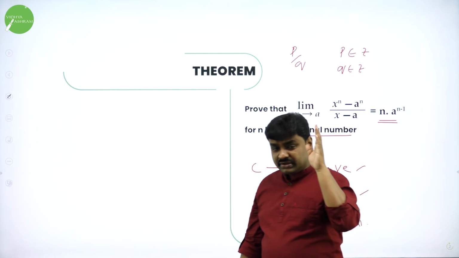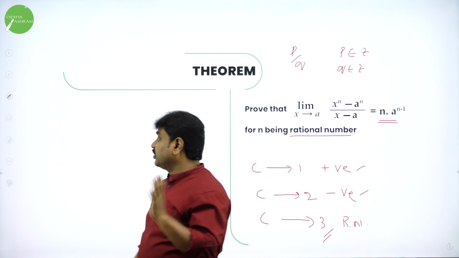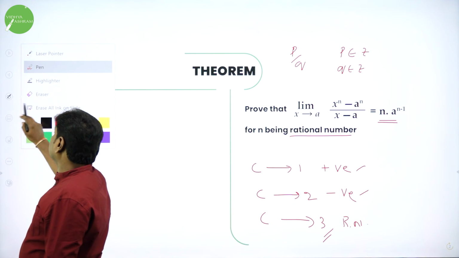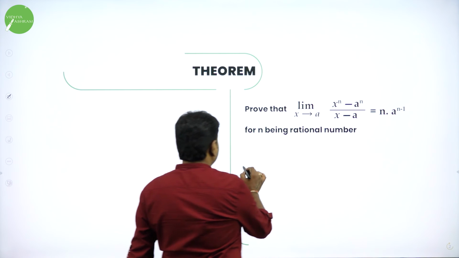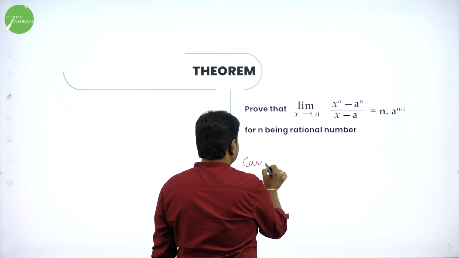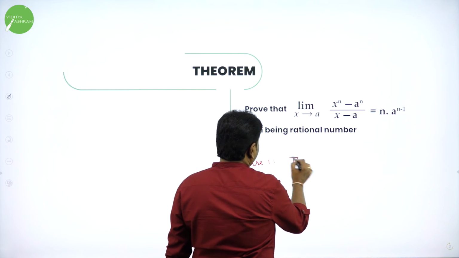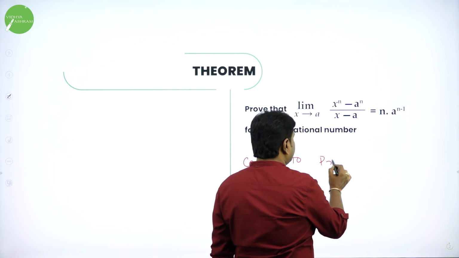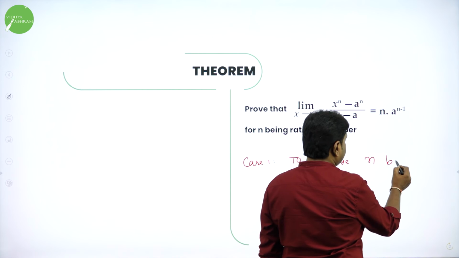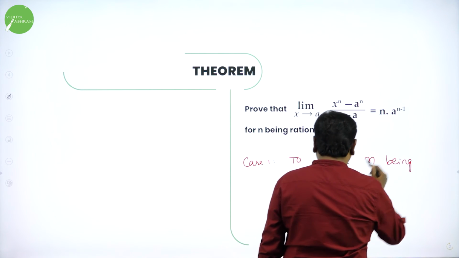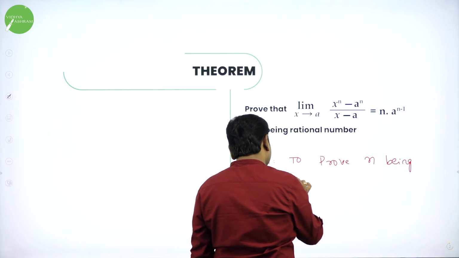I am repeating, this is one of the important questions for your board exam, a compulsory 6 mark question I can say. Now, case 1: I will prove this for n being a positive integer. What is n now?